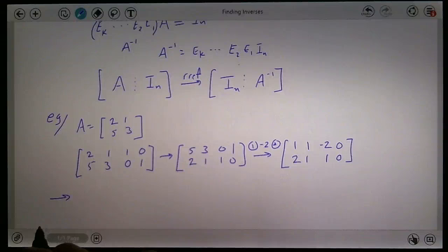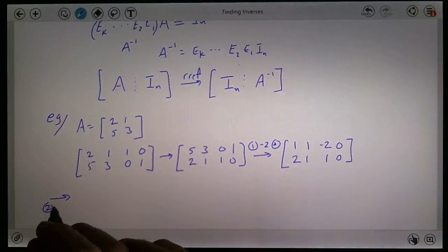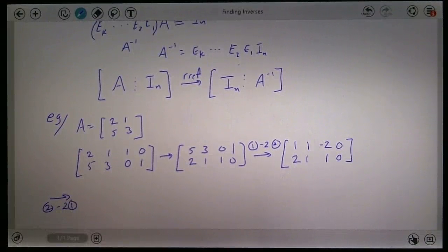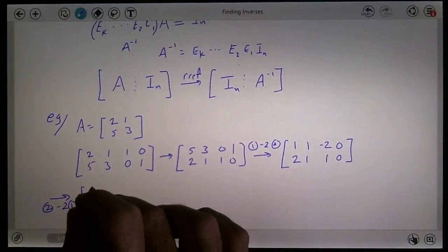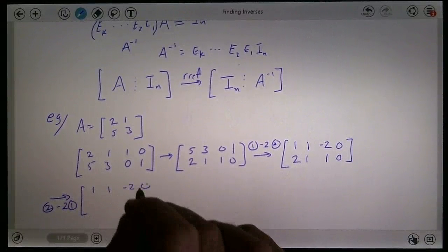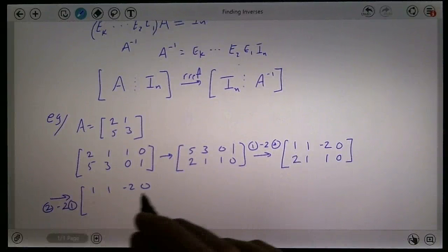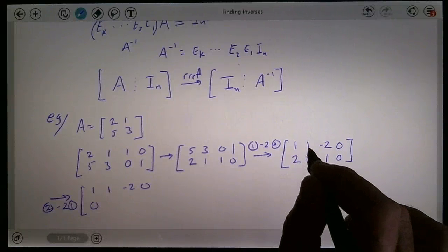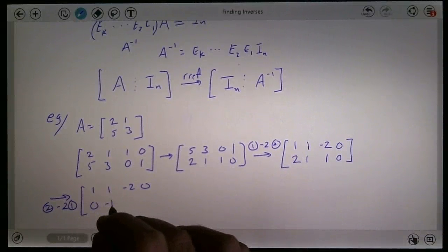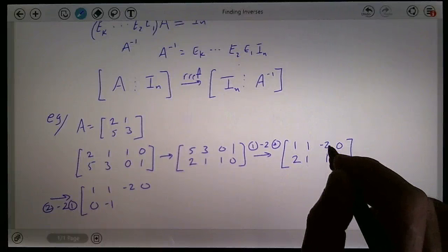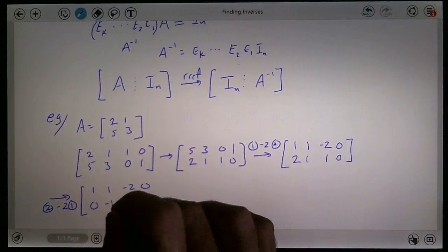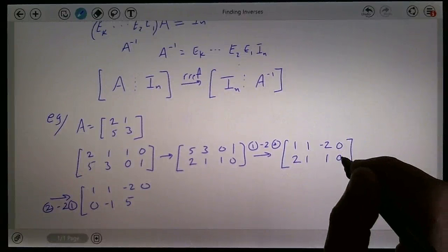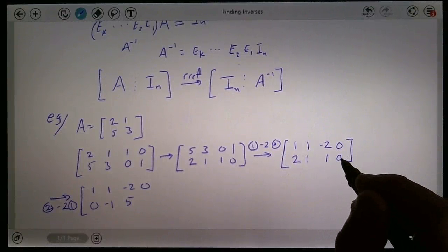Then the next thing I'm going to do is replace row 2 by row 2 minus 2 times row 1. So row 1 is staying the same. And so I've got 2 minus 2, 1 minus 2, 1 minus negative 4, so 1 plus 4 is 5. Uh-oh, what happened here?